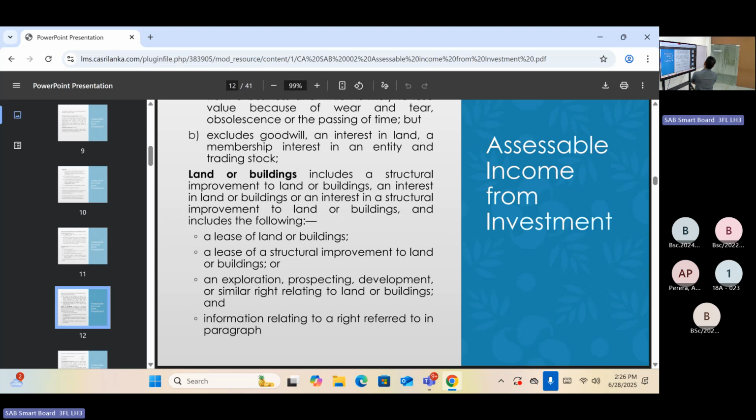Right. So this type of thing comes under the land or building as per the tax law.